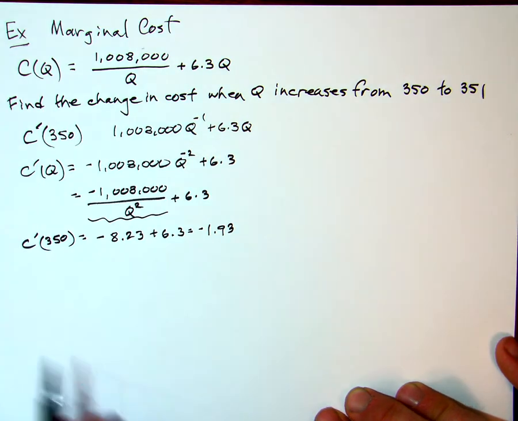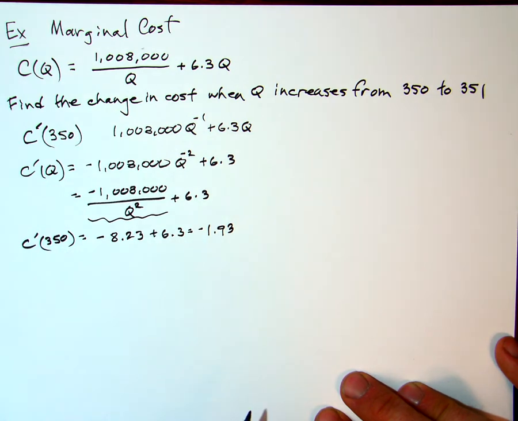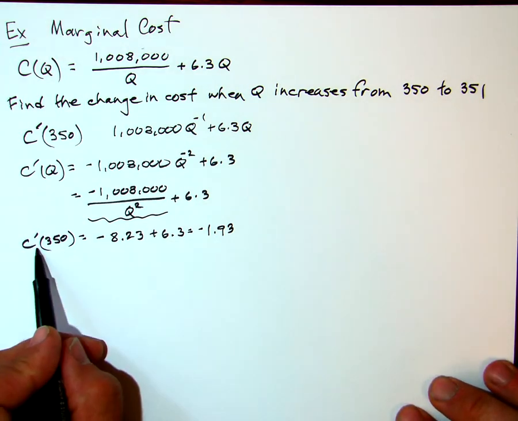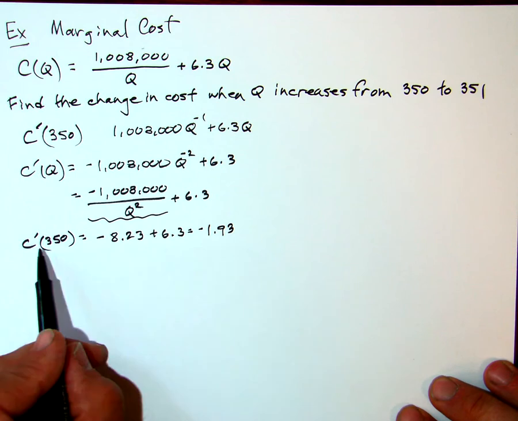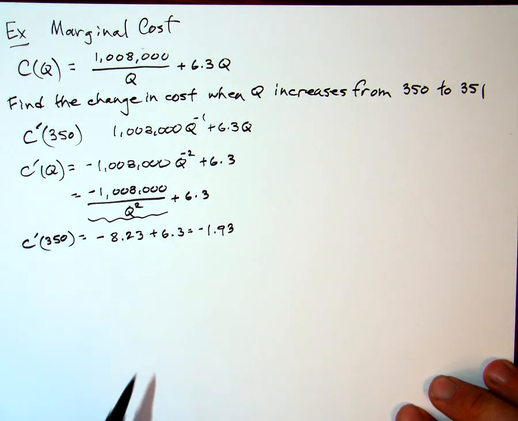So actually, we save a little bit of money by adding a 351st order. It brings the cost down slightly. So that's the marginal cost of the 350th order, which another way to think of it is the cost of the 351st order. So this is an estimate.